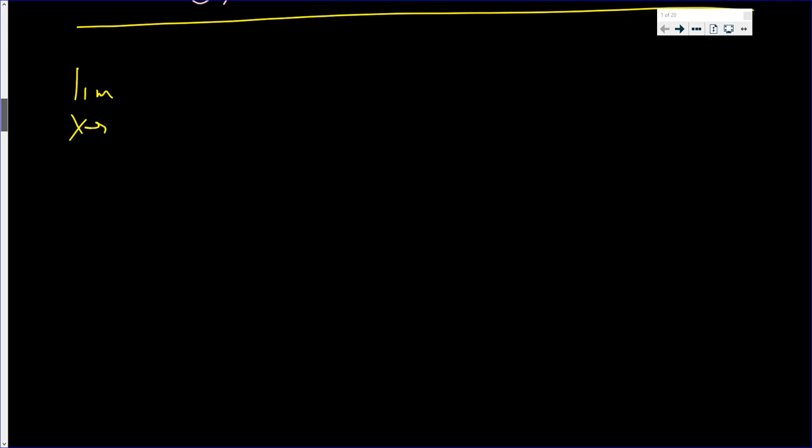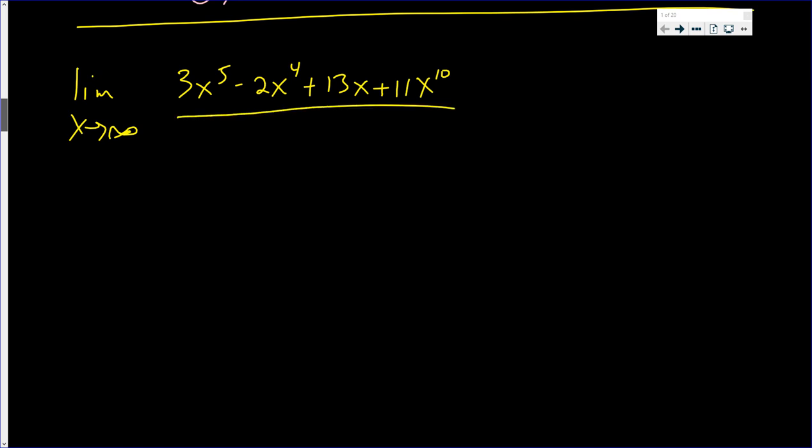The limit as x goes to infinity of 3x to the 5th minus 2x to the 4th plus 13x plus 11x to the 10, all divided by 13x to the 4th minus 12x to the 11th.